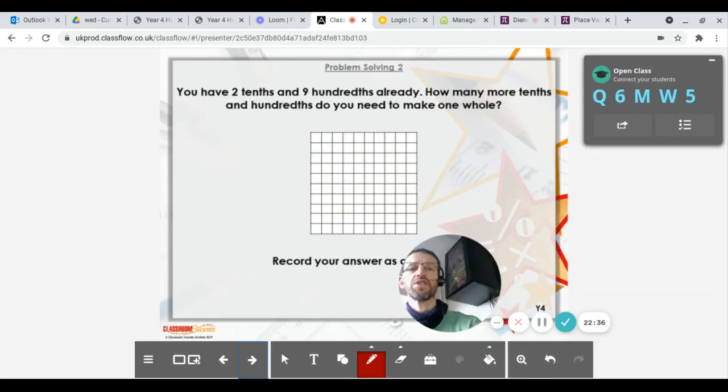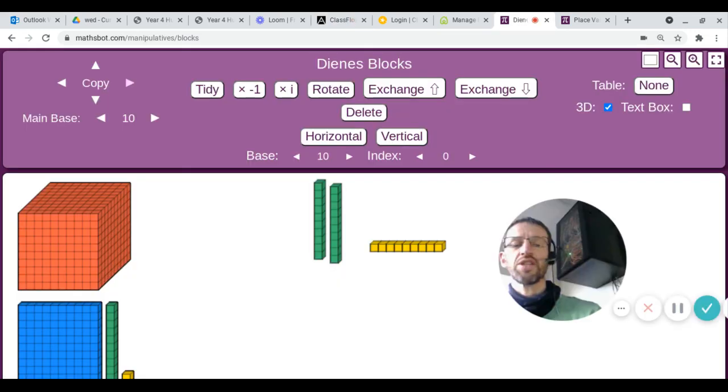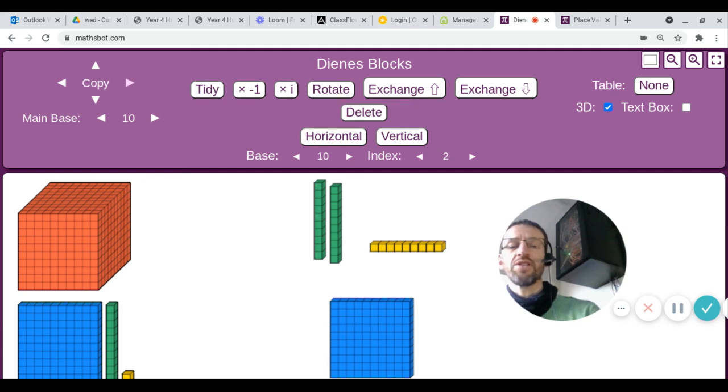Is that right? Let's have a look. 2/10 and 9/100ths. Yep, that's good. How many more would I need to make a whole one? That's my whole one. So if I've got 9 there, I know that another 100th will make 10. So I've got 10/100ths.